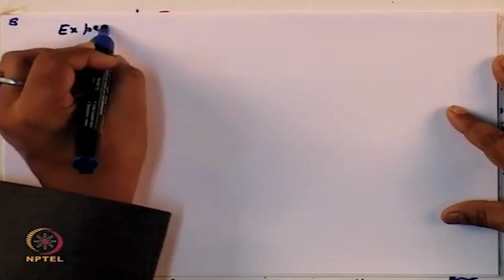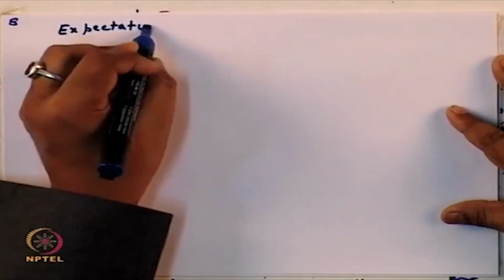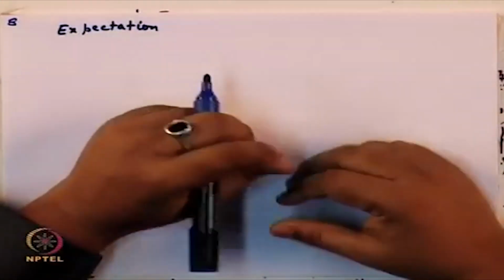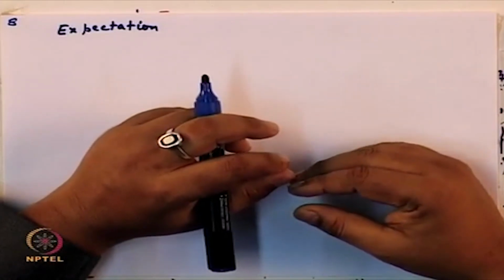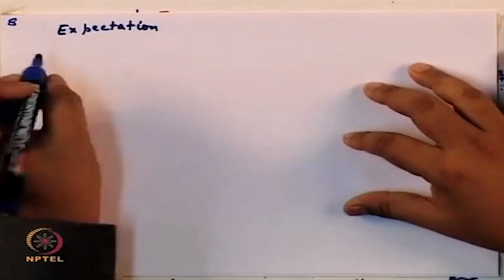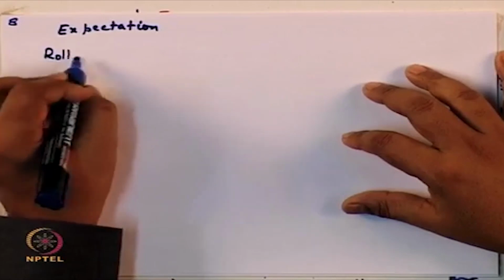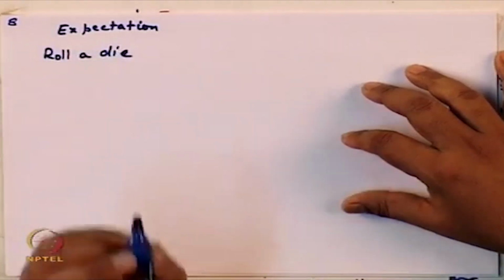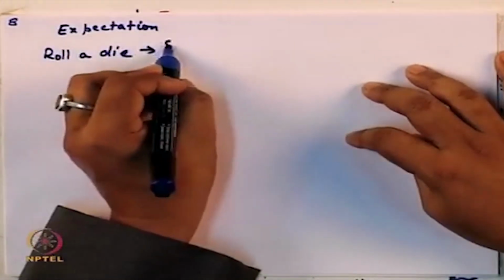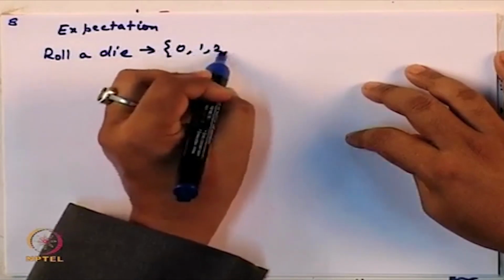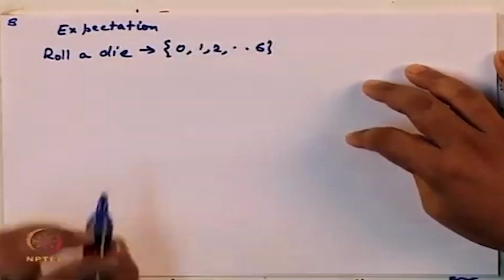So, we introduce one more important concept today, which is the concept of expectation. Imagine you have a die being rolled. You know the values can be anywhere between 1, 2, dot dot 6.